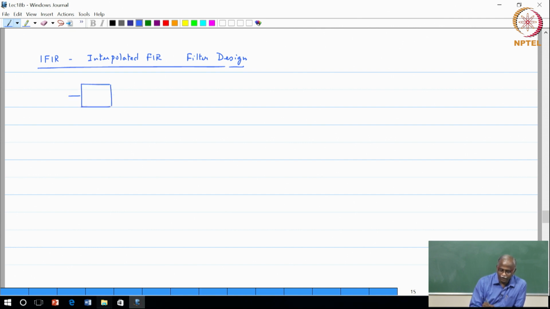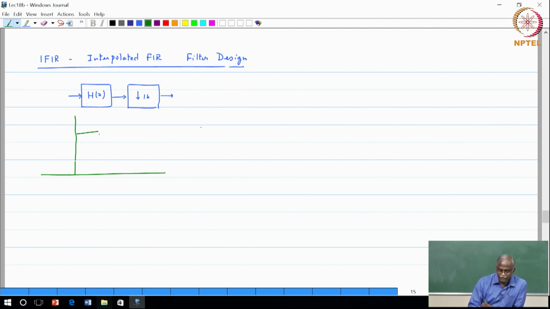Supposing I had to downsample by a factor of 16. H of z is an anti-aliasing filter for downsampling by a factor of 16. Can you help me design what this filter looks like? I do not want any aliasing.